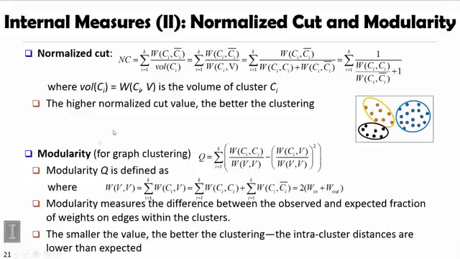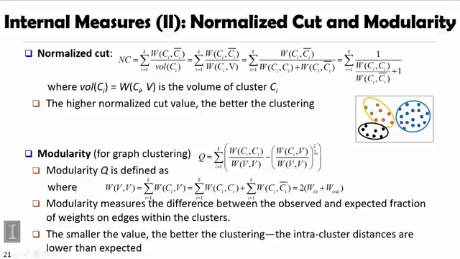Then there's another definition called modularity. This is especially popular for graph clustering. It is defined in this way. You perceive this part is the same as the normalized cut formula, like this. But this part is a square of this. So this one is the observed fraction of the weights within clusters.